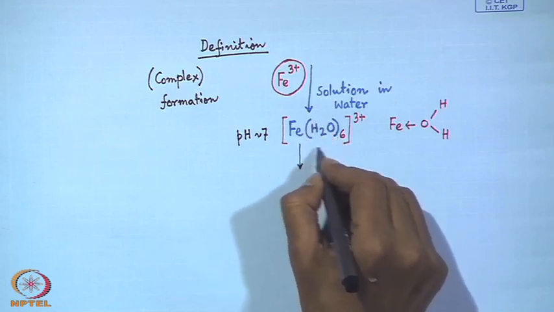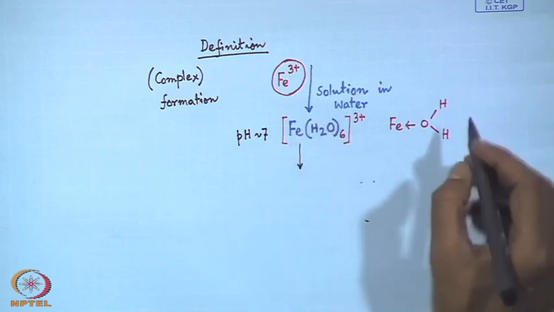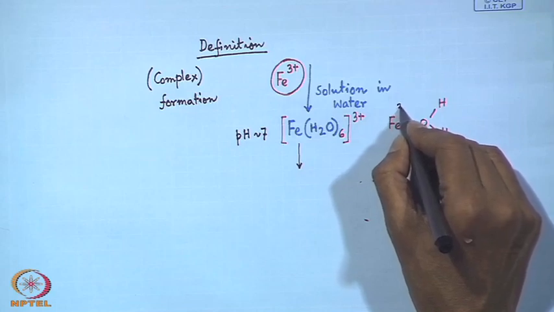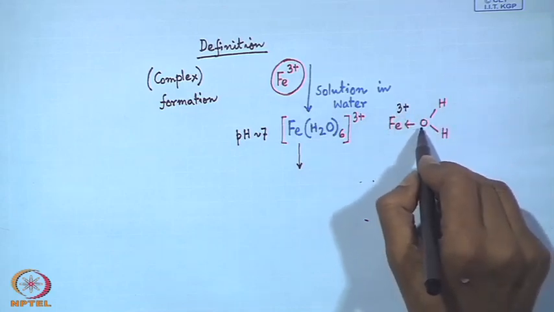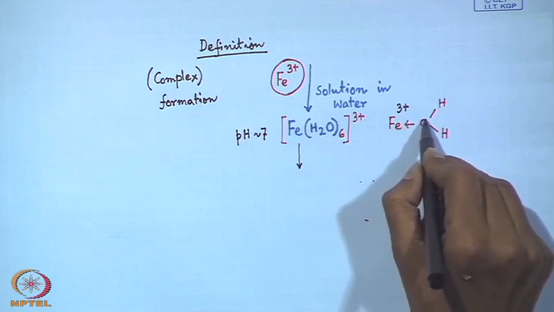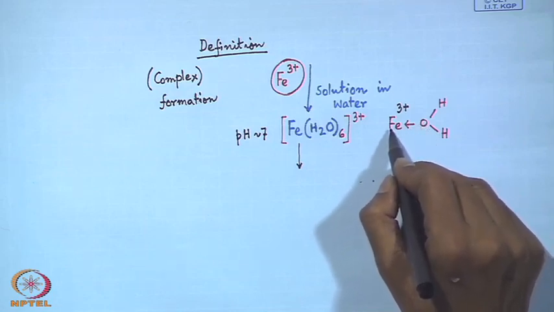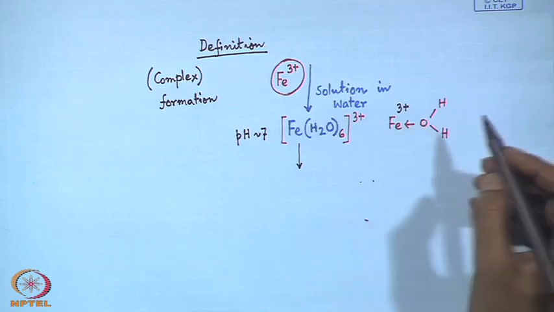When water is coordinated to the iron center, and this iron is in the +3 oxidation state, the electron density from the oxygen is pushed towards the vacant orbital of iron.